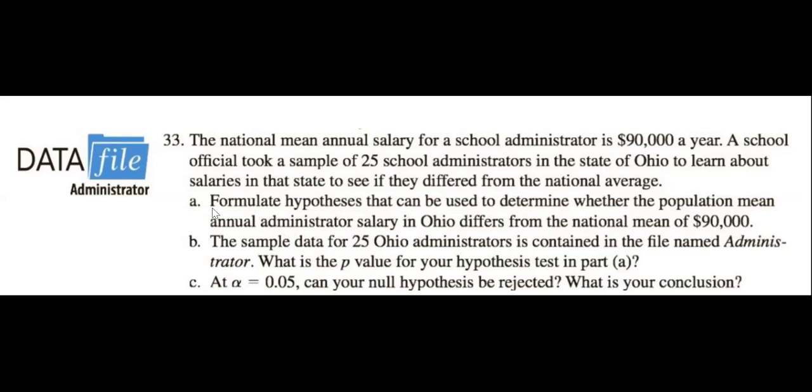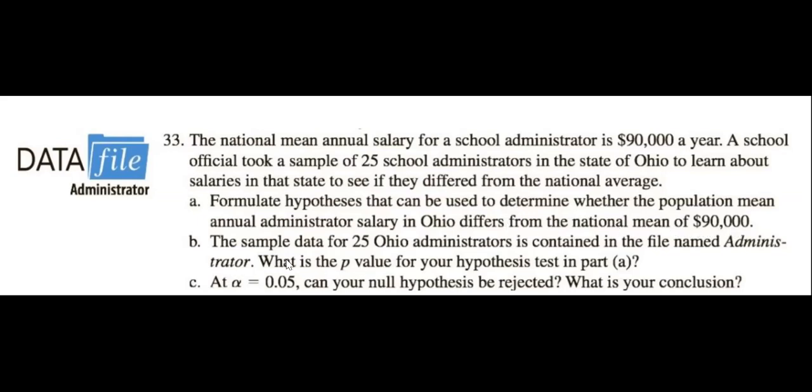So the question asks to formulate the set of hypotheses, and here we have the statement for the alternative hypothesis, because again the keyword is differs from the national mean of 90,000.